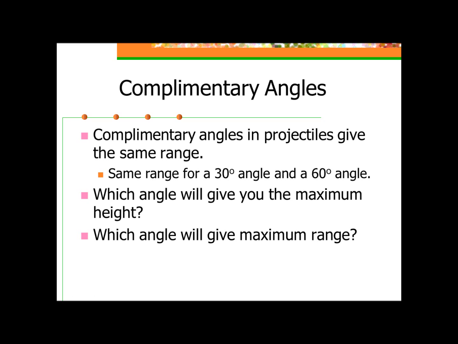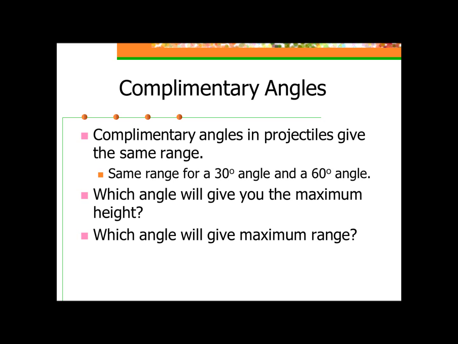Let's start with 70 degrees. If you go 70 degrees, you're still going pretty much straight up, so it's not going to go very far out because it's going up too much. Its complement, which is 20, is barely being projected off the ground, and so it's going to hit at a very short distance.